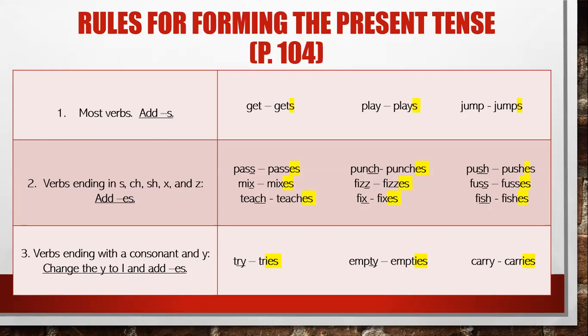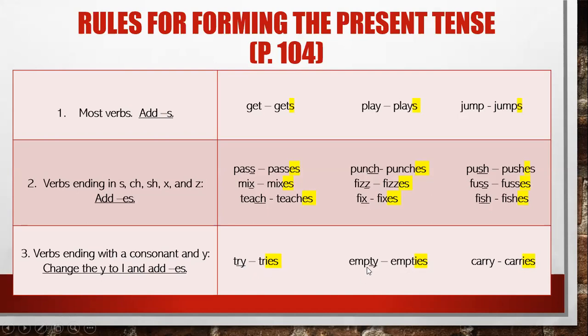R is a consonant, right? Letter R is a consonant. So it would follow this rule that says verbs ending with a consonant and Y, because verb try ends with consonant Y. So what do we do to form the present tense? We change the Y to I. Here it is. We change the Y to I, and then we add ES, okay?